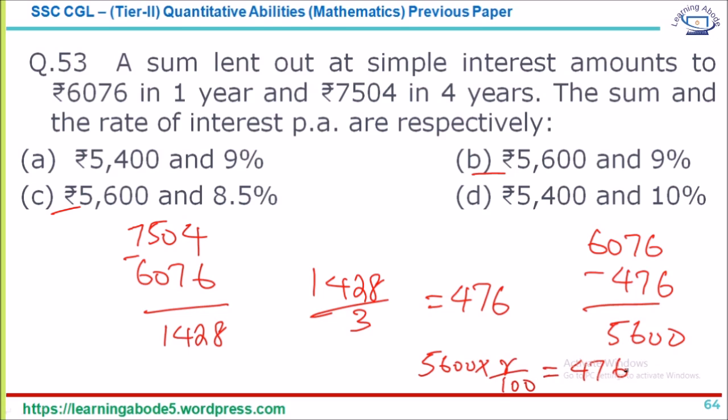So R percentage is equal to 476 by 5600. Now 14 is there, here it is 14.